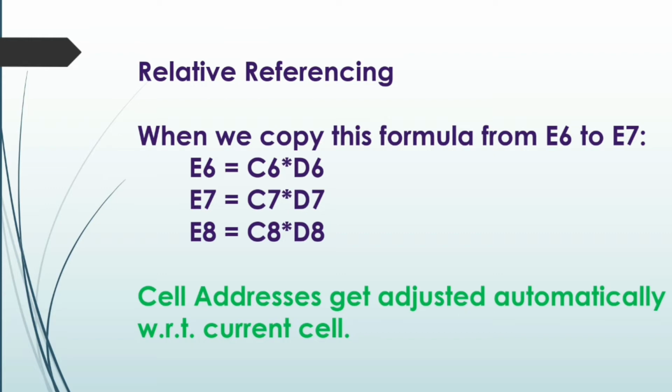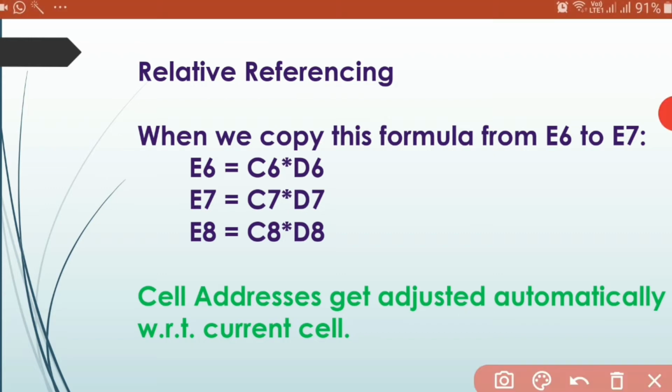So, when we copy this formula from E6 to E7, the formula gets adjusted itself automatically. When the formula E6 = C6 * D6 is copied to E7, it automatically changes to C7 * D7, and when it is copied to E8, it changes to C8 * D8. So cell addresses get adjusted automatically with respect to the current cell in case of relative referencing.